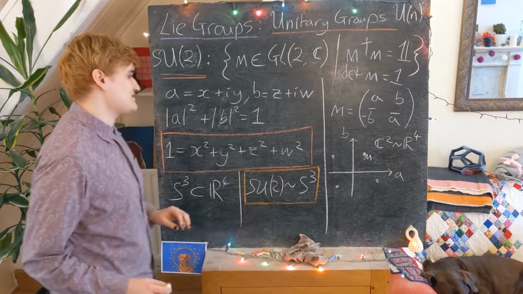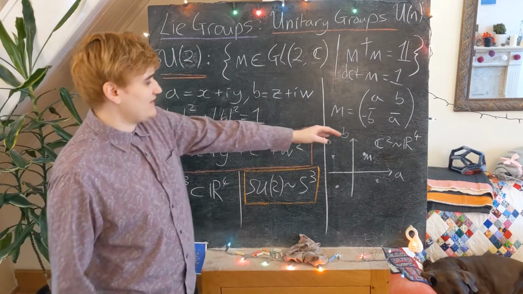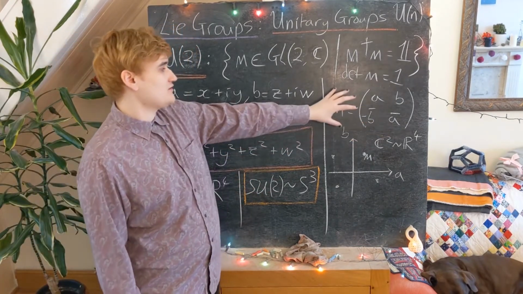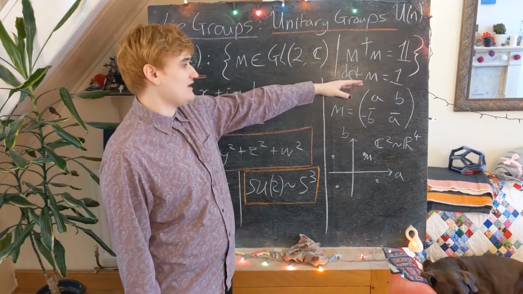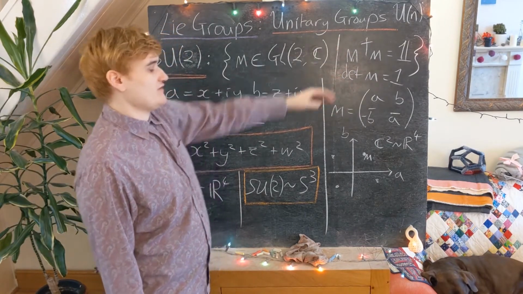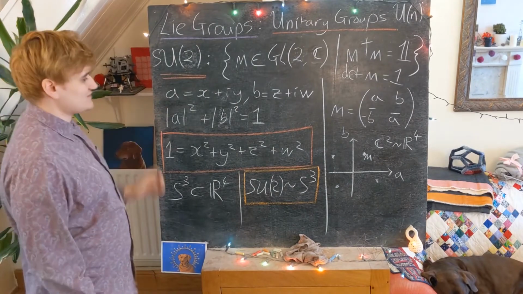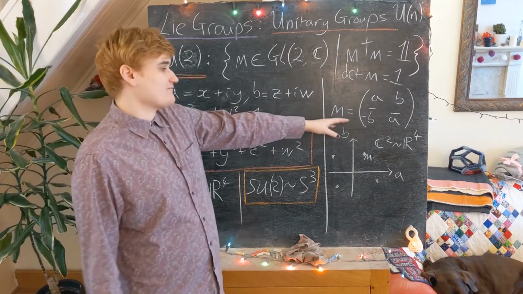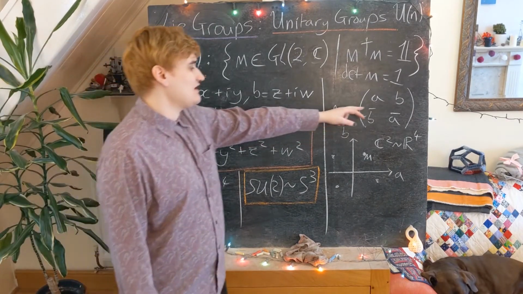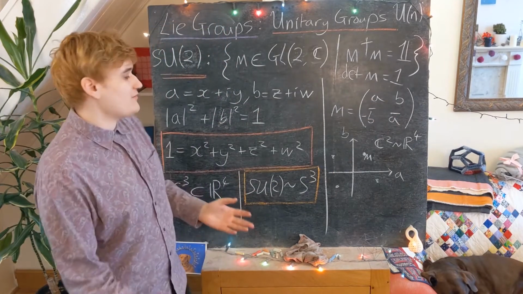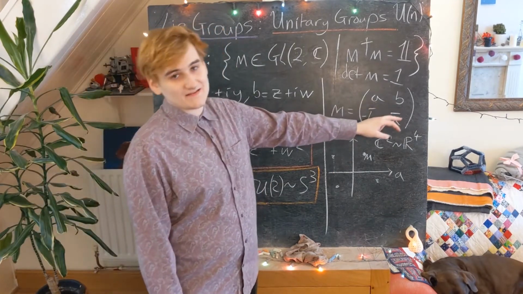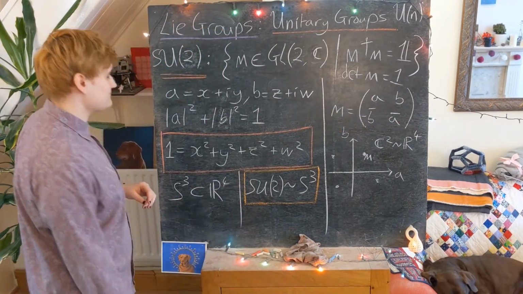But rather than getting messy with the algebra, I just postulated this and then we checked that it satisfies both of these. And so that led us to the realization that any SU2 matrix is able to be parameterized by two complex parameters, A and B.